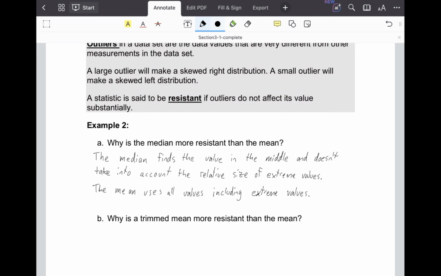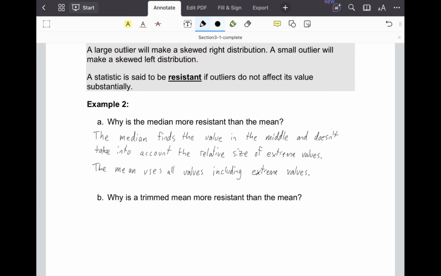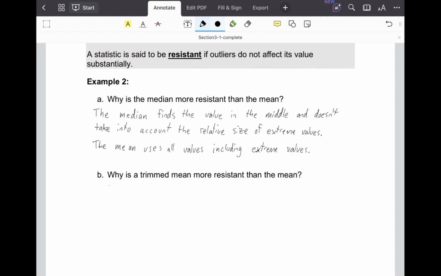Keep that in mind. Now, part B says, why is the trimmed mean more resistant than the mean itself? The trimmed mean eliminates those extreme values, making it more resistant. So let me write that here.